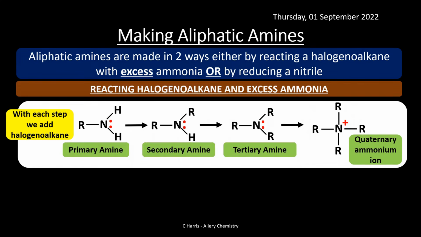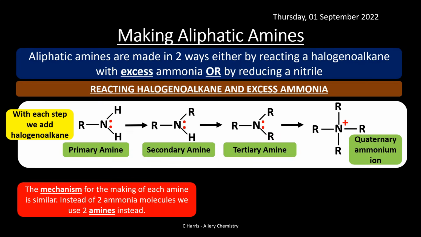Now one of the issues here is that with each step we've produced a primary amine, but that primary amine can also go on to react with more halogenoalkane and produce secondary amines, and then tertiary amines, and then quaternary ammonium ions. So the mechanism for making each amine is similar.